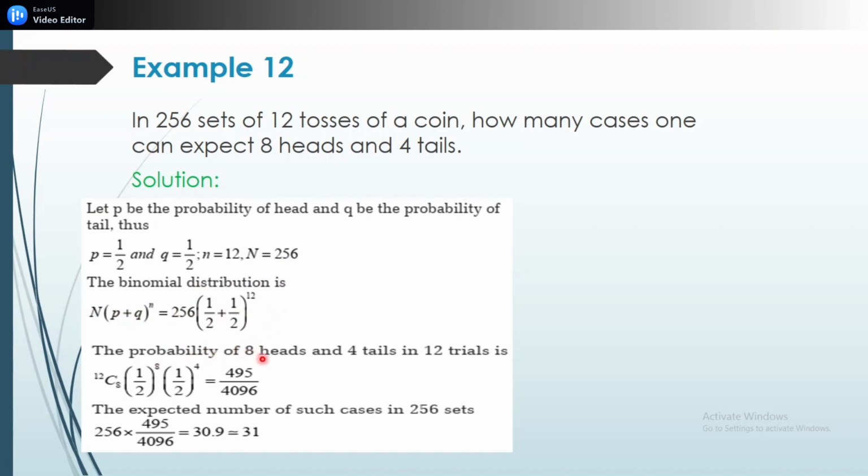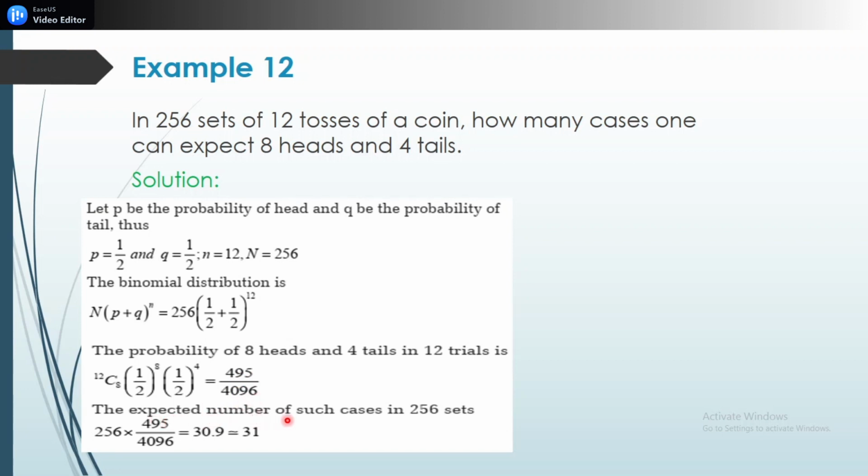The probability of 8 heads and 4 tails in the 12 trials is given as 12 combination 8, times the probability of success 1/2 to the power 8, times the probability of failure 1/2 to the power 4, which is equal to 495 over 4096.